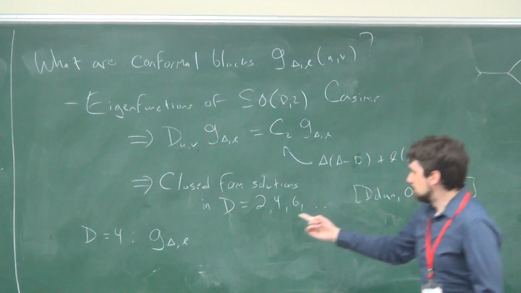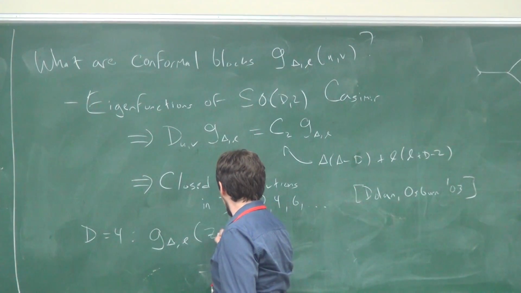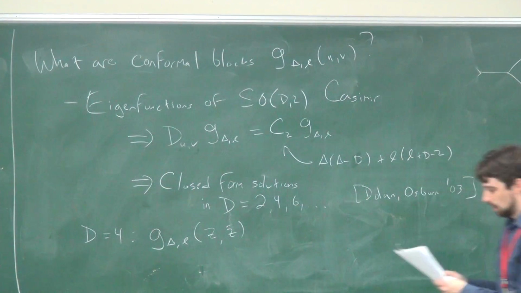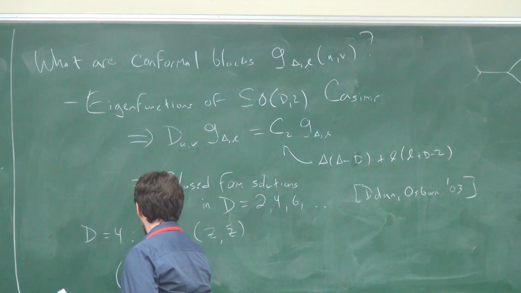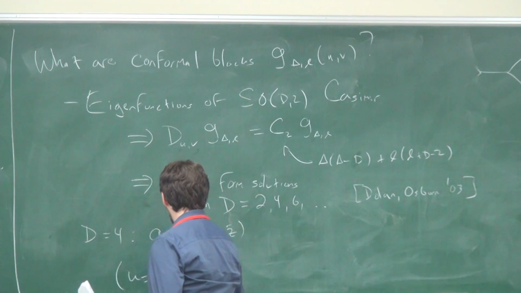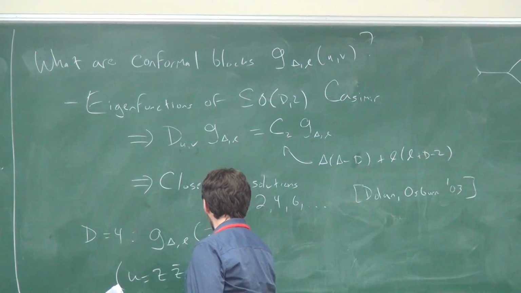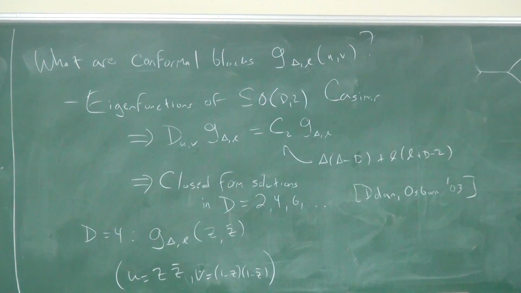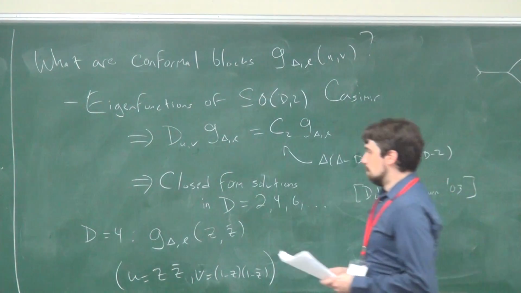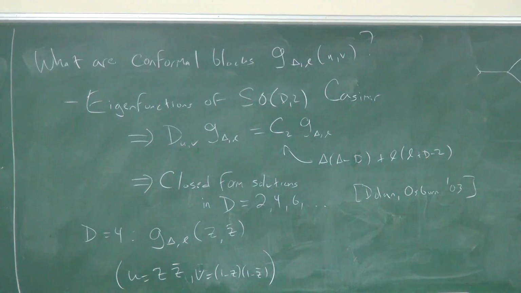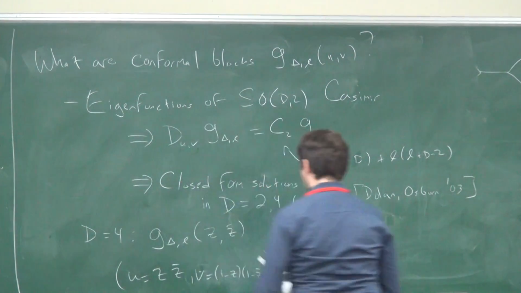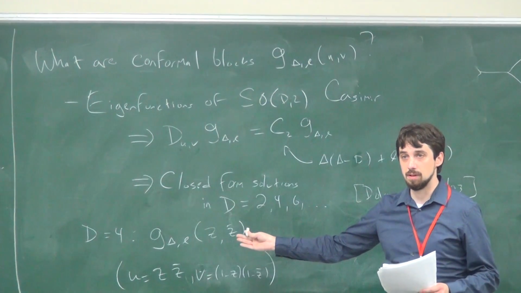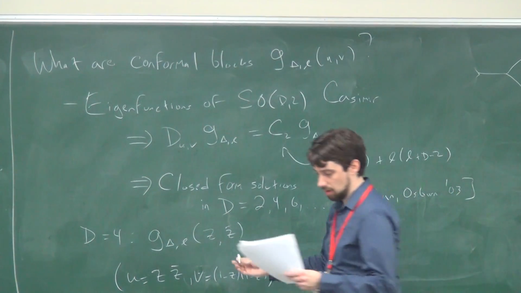First of all, it's a bit simpler to express them in terms of variables z and z bar instead of u and v, where u is z z bar and v is (1 minus z)(1 minus z bar). And in terms of these slightly different variables, the conformal blocks just look like a product of hypergeometric functions.